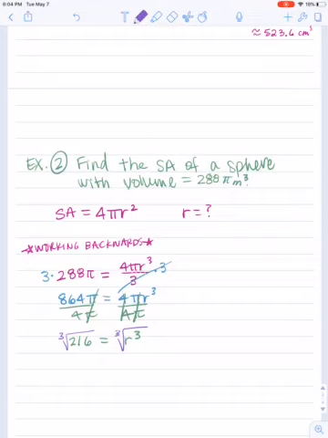And then you type 216. And the cube root of 216 is, pretty sure, 6. Yes, it is. So that cancels out this cube and the cube root, which just gives me the radius there.